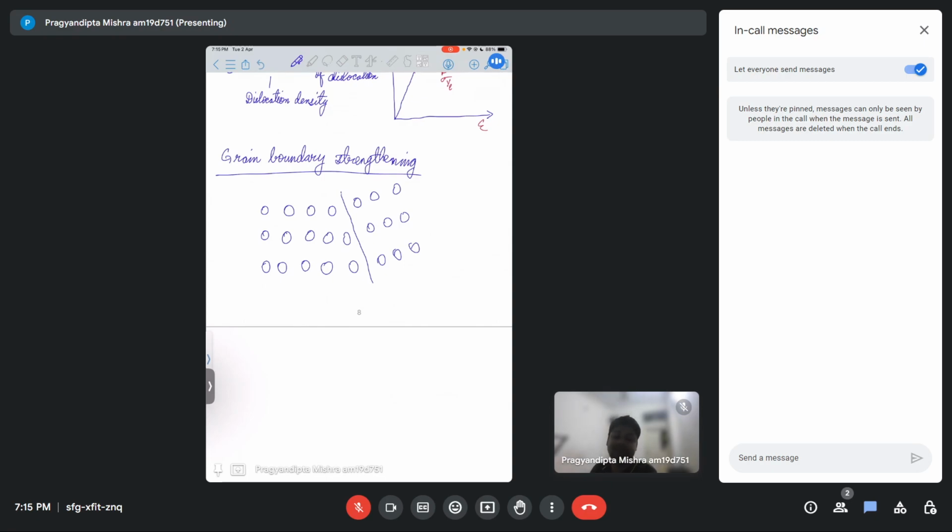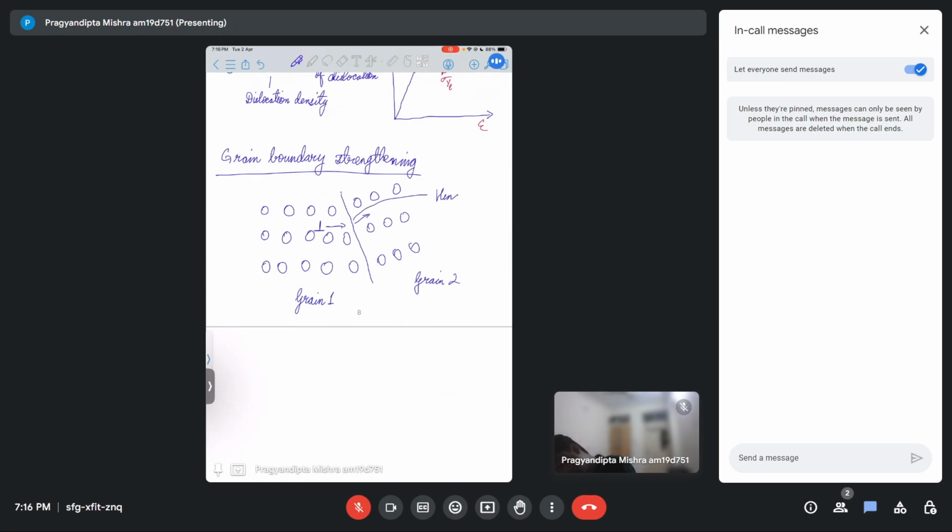Because of this, grain 1 and grain 2 will have some sort of misorientation, and dislocation cannot easily flow to this next grain.